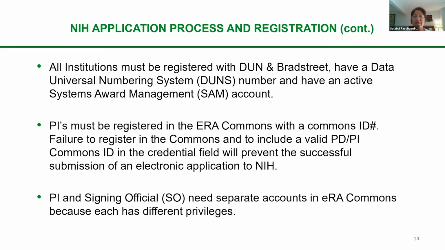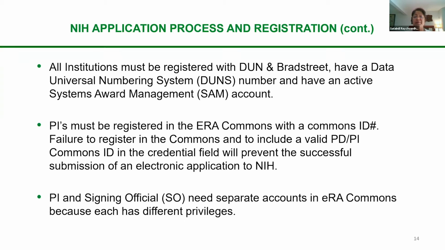PIs must be registered in eRA Commons with a DUNS ID. Failure to register in Commons and to include a valid Commons ID in the credential field will prevent the successful submission of an electronic application to NIH.